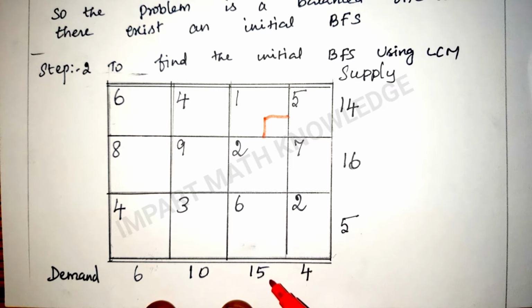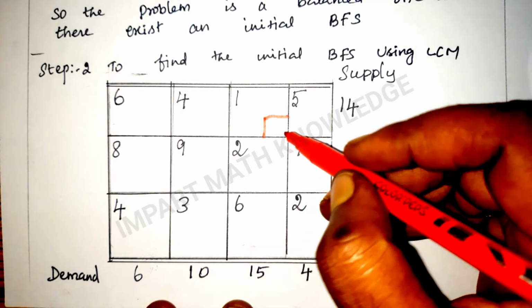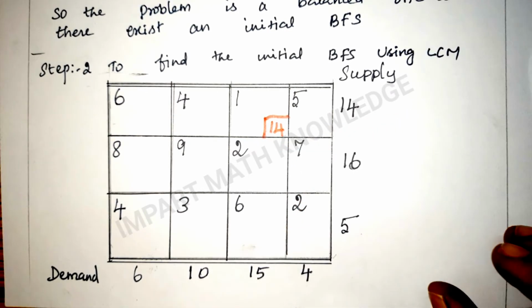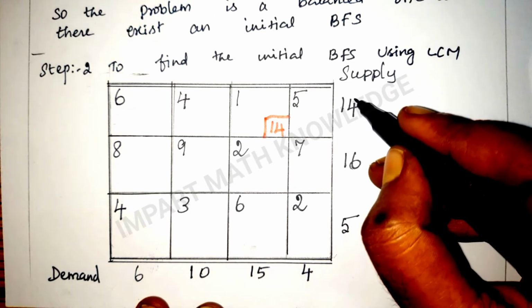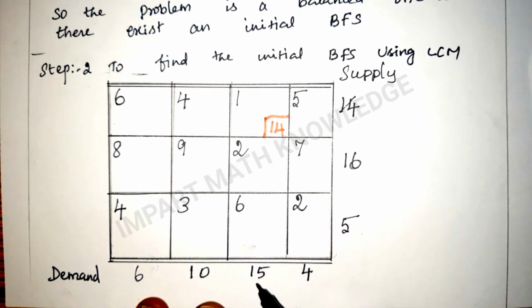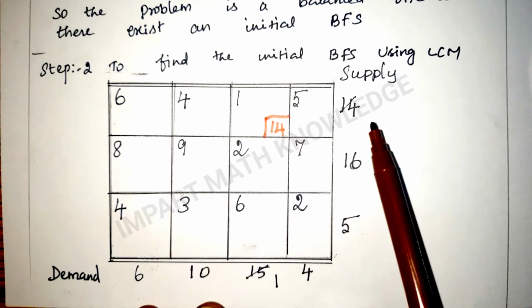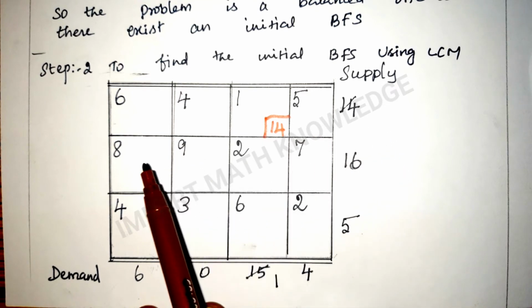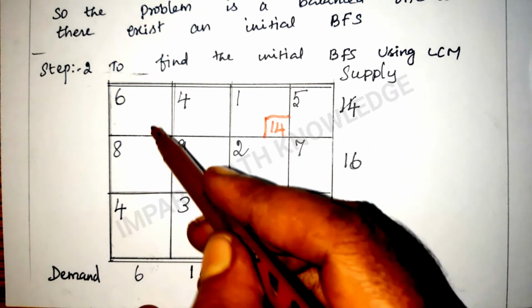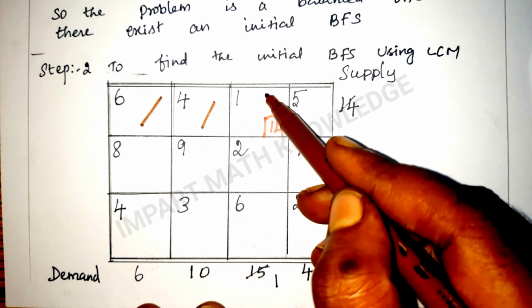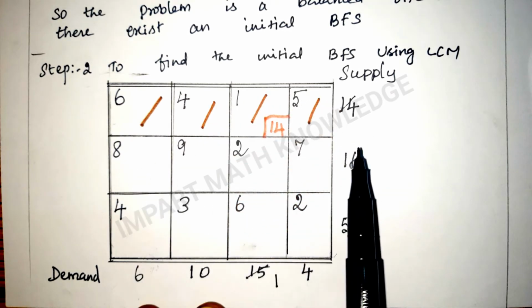So the minimum value is 14. You allocate 14 here. Once you allocate, you have to strike out the value and here you have to take the remainder. 15 minus 14 is 1. Here supply is satisfied, so you have to strike out the row. Now the first row is over.